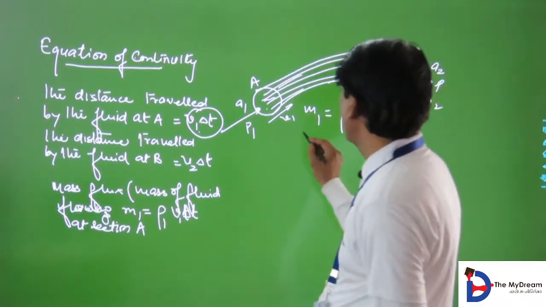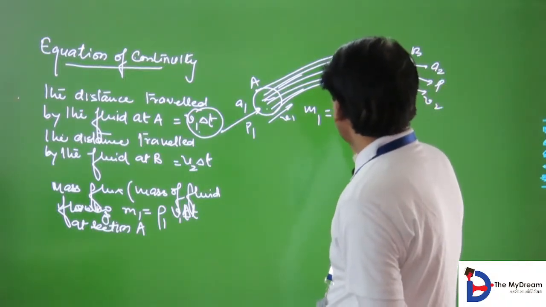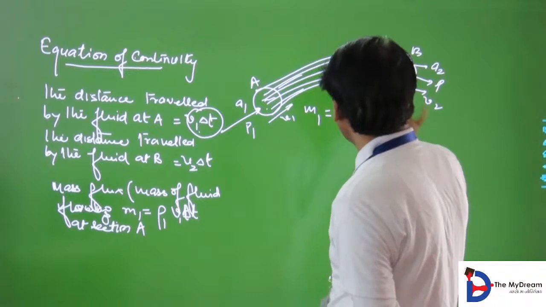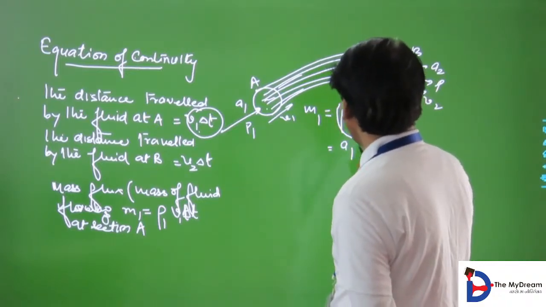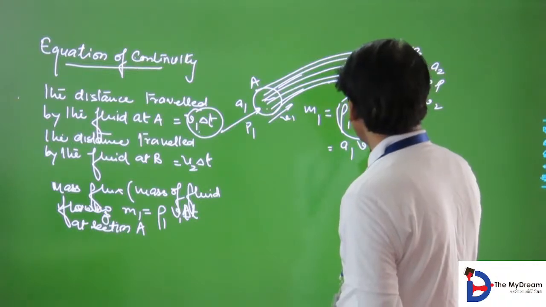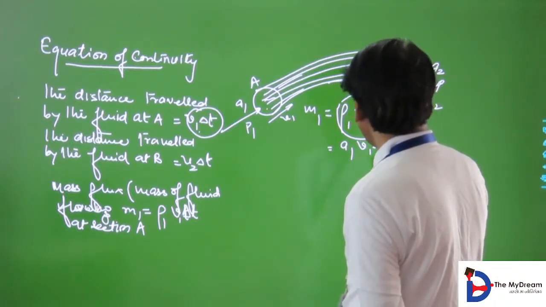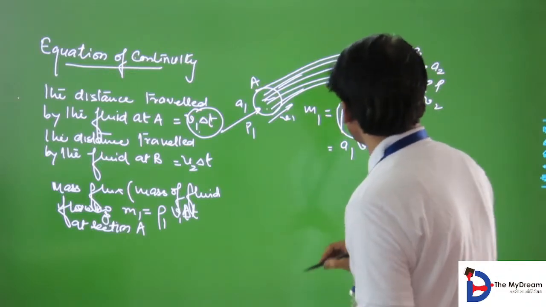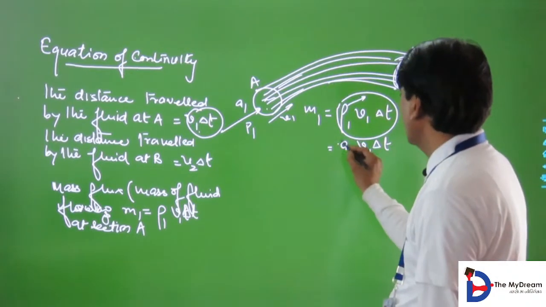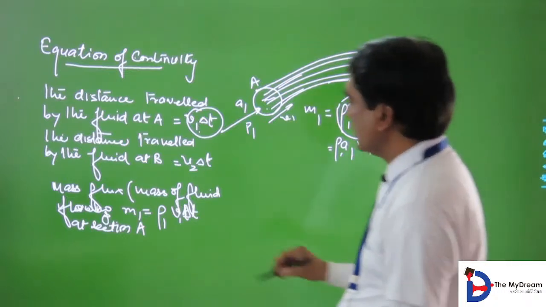Here the mass is given in terms of area into V delta T, because this is the volume.